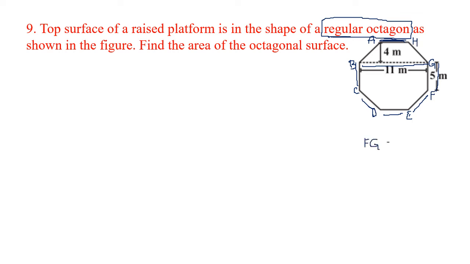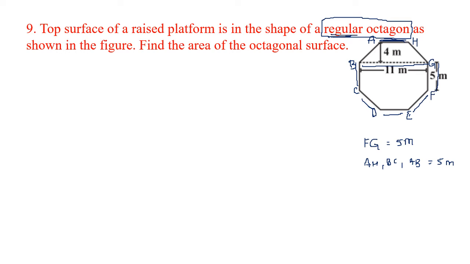Now what is given to us? FG equals 5 meter. Not centimeter, it is meter. So if FG is 5 meter, then all the remaining sides AH, BC, AB, they all are 5 meter only, because it is a regular octagon.